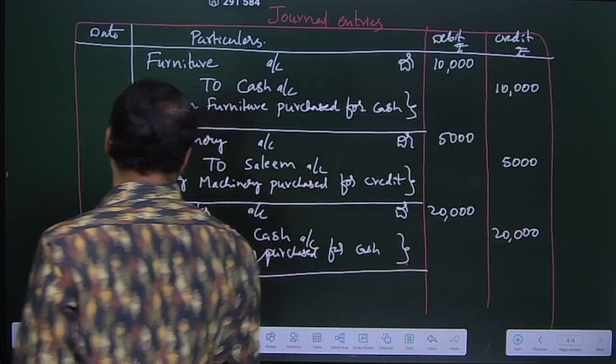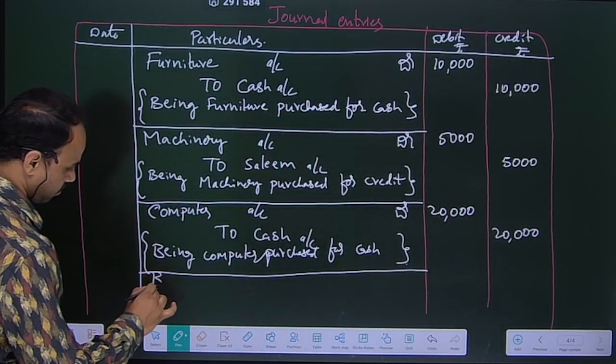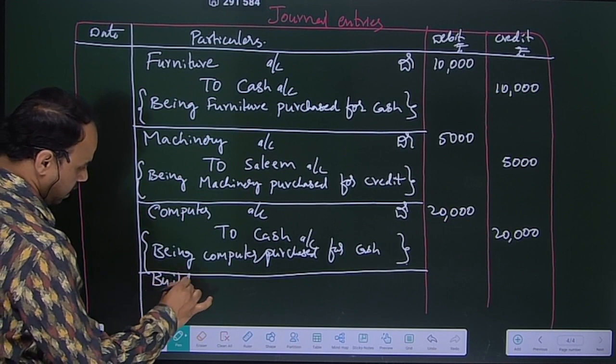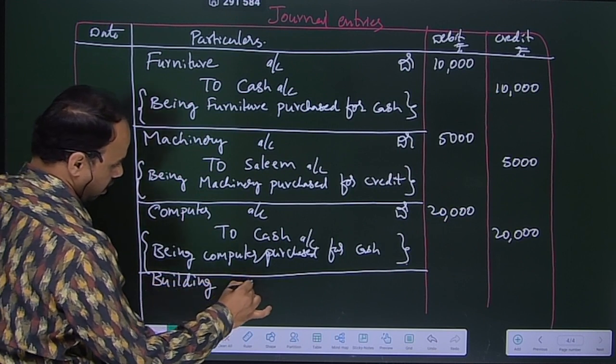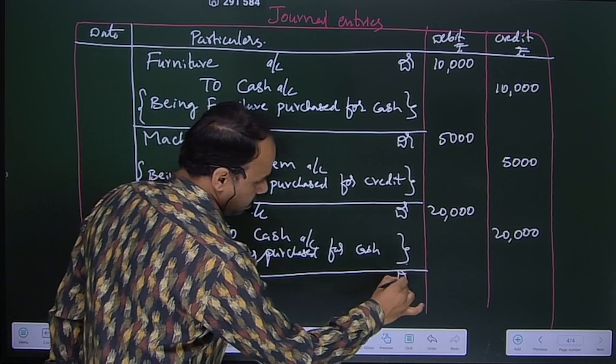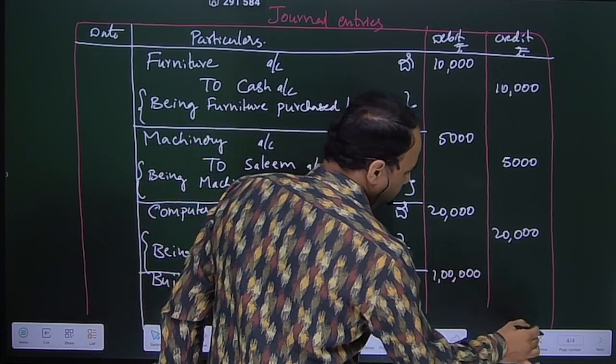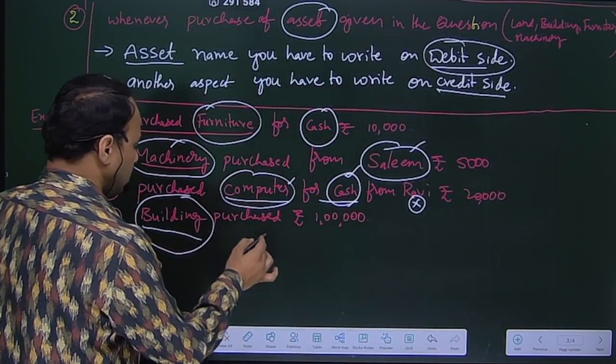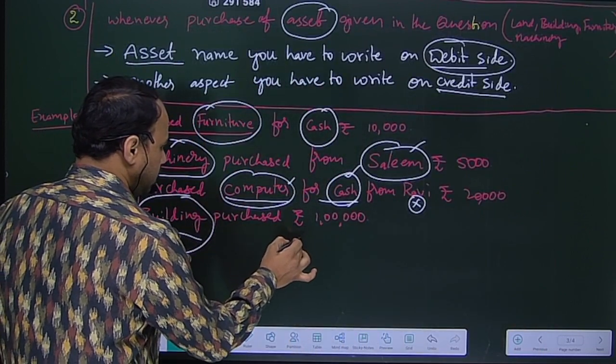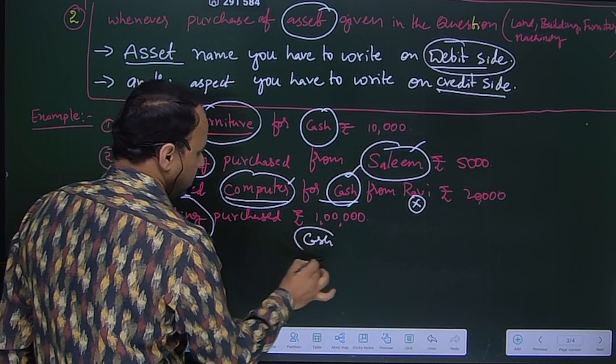So like this you have to write the journal entry: building account debit 1 lakh rupees. And how did we purchase that building? Here nothing is mentioned, which means the other aspect is cash.